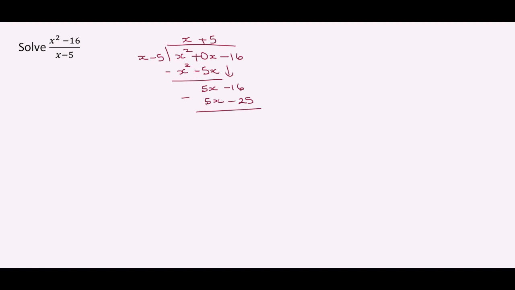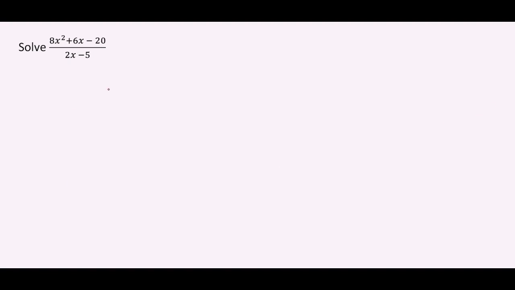Minus 16 minus 25, which is minus 16 plus 25, that's going to give you 9. So x squared minus 16 divided by x minus 5 is equal to x plus 5 plus 9 over x minus 5.